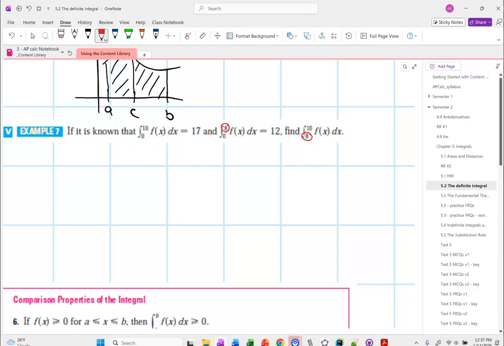That's this one, right? What do you notice about the 8, though? It's in the wrong bound, right? So we need to switch it. To switch the bound, what has to happen? We make it negative.